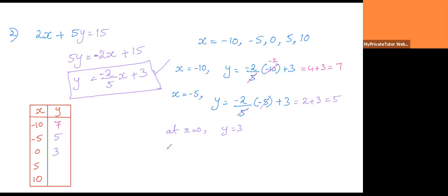Just find 2 more points. x equals 5. What might be the answer? Try. y equals -2 by 5 at x equals +5. This 5 cancels out, and -2 plus 3. Is it 1? -2 plus 3 is 1.